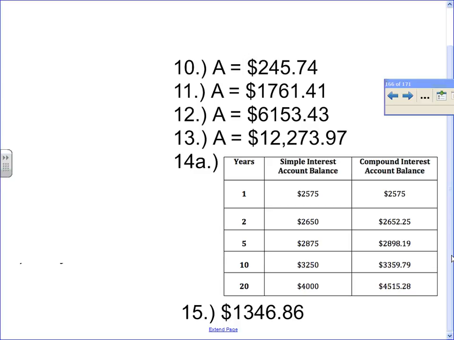And then number 15, this one was kind of a challenge problem, but I'm guessing most of you got it. Should be $1,346.86. Mary. Okay.